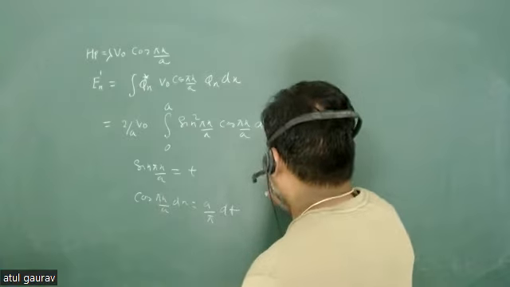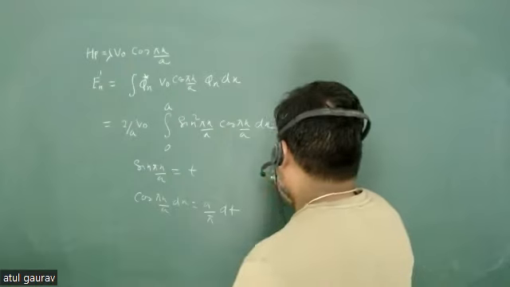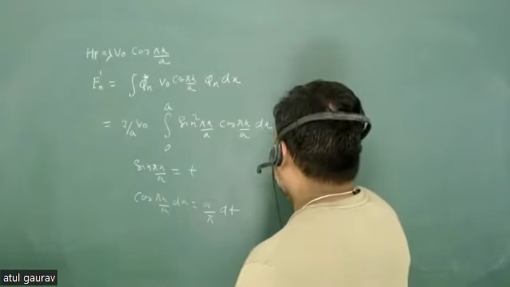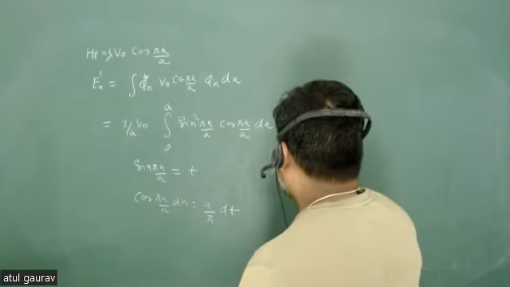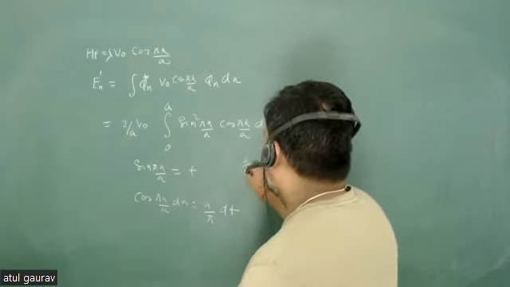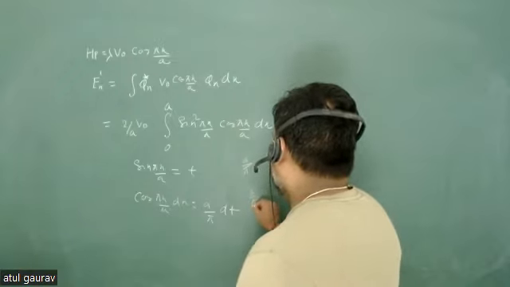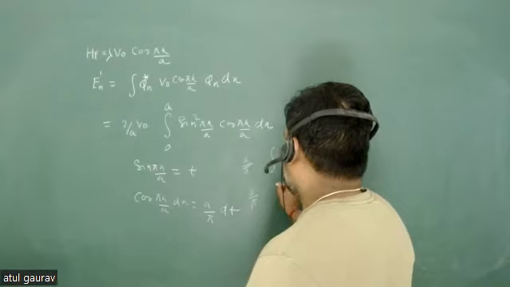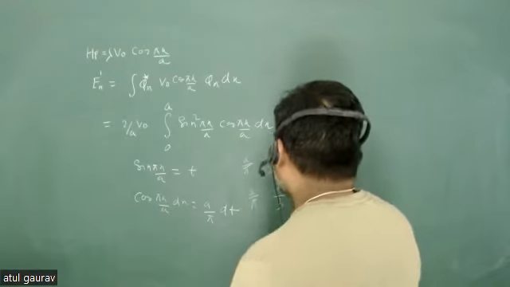So we will put the limits after one. After that, this will be t square dt, isn't it? And you have A upon pi, and this value is equal to what? t cube by 3. यही होगा ना?